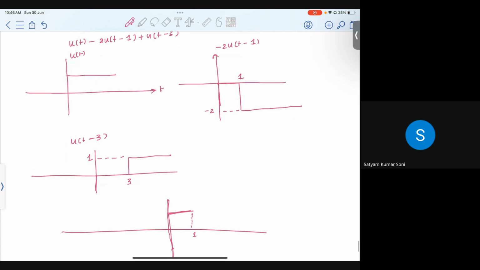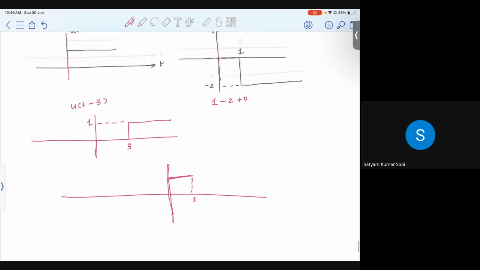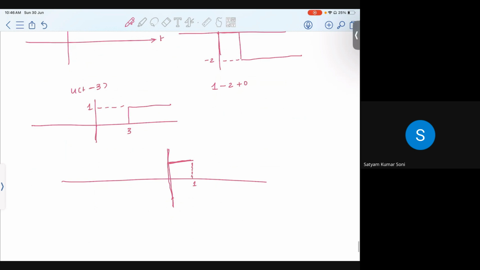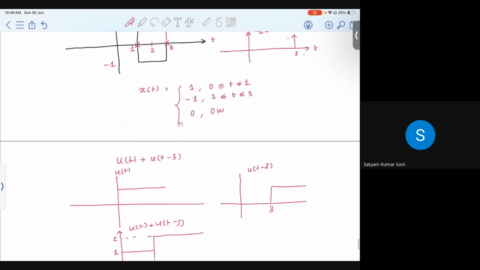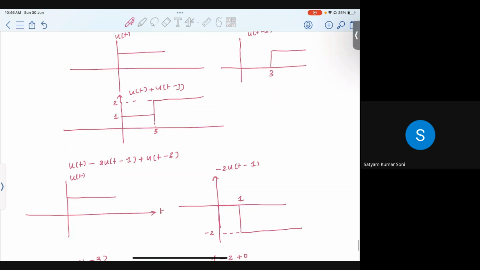And from 1 till 3, what happens? You subtract these two signals. So from 1 until 3, it is 1 minus 2 plus 0, which is minus 1. Is that what we want? Yes.